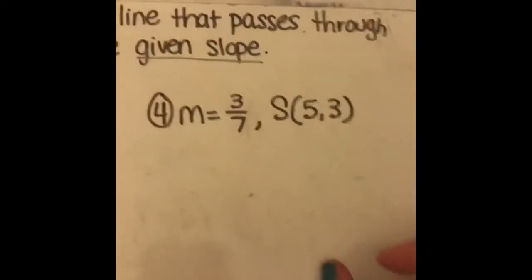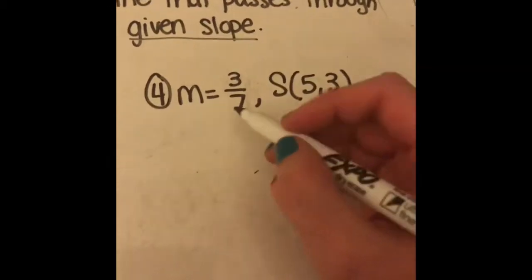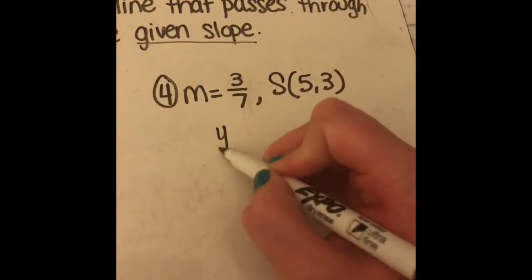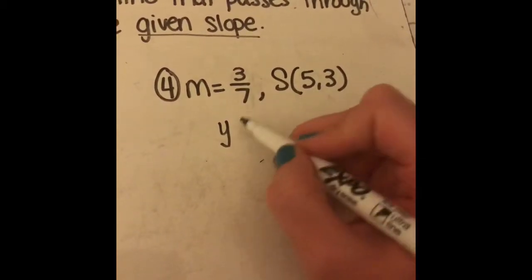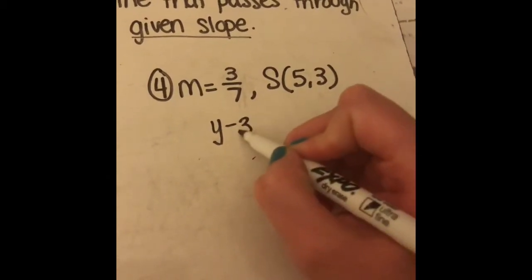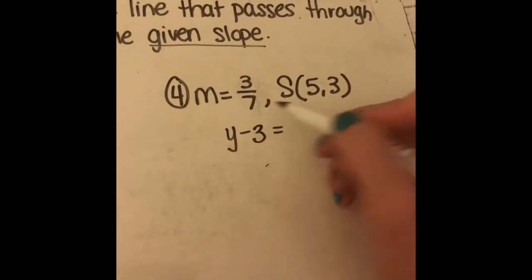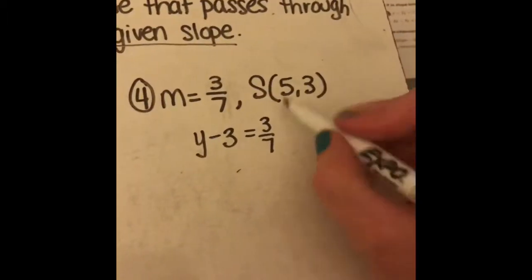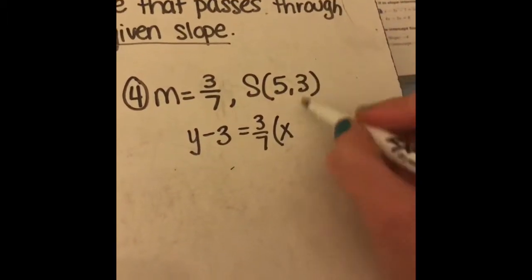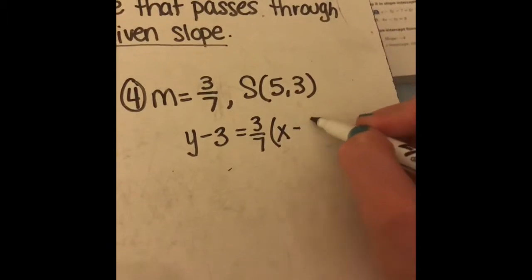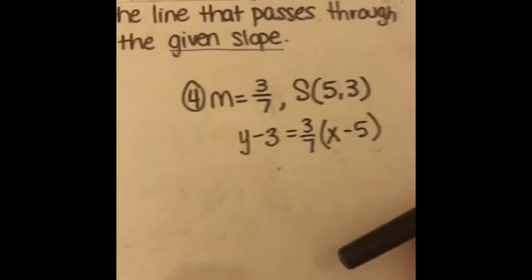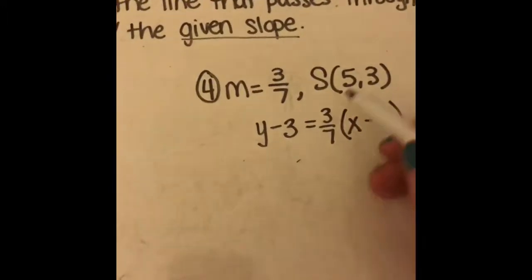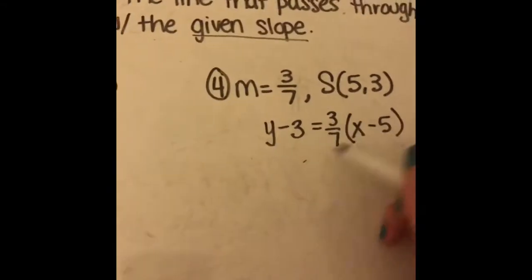Okay, so let's go over here. Same thing. So y minus 3 equals your slope, which is 3/7, times x minus 5. Okay, so go ahead and distribute your 3/7.